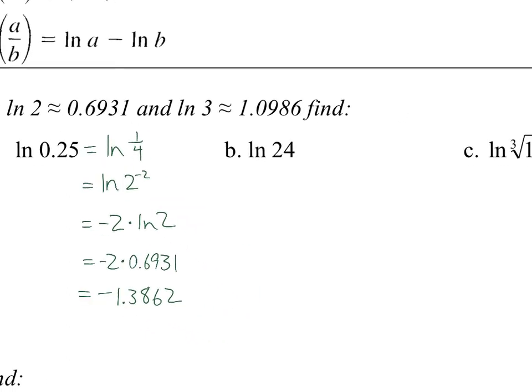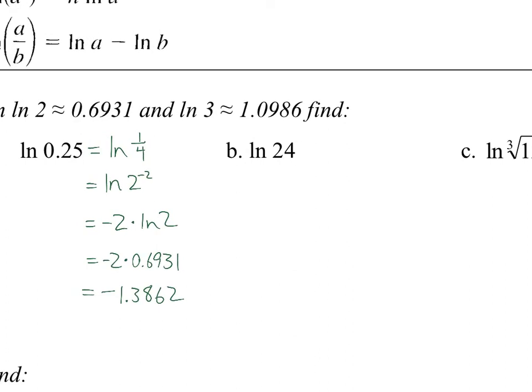And we could do this with a number of different things. ln of 24. Well, if you recognize 24 as 2 times 2 times 3, I can rewrite this as ln of 2 plus ln of 2 plus ln of 3. I plug in what I know. I have 2 of those ln of 2's.